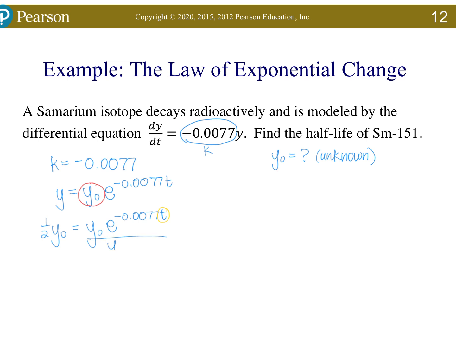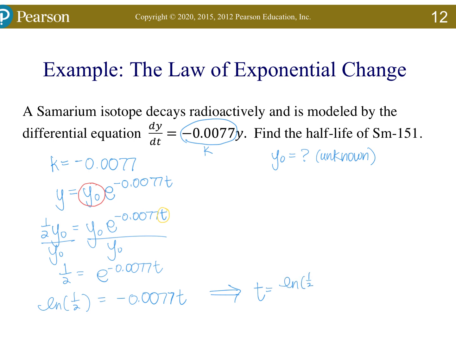So we can divide by Y sub 0, and we end up with one half equals e to the negative 0.0077t. And that's a quick ln. I've got the natural log of half equal to negative 0.0077t. So solving for t is going to be the natural log of half divided by negative 0.0077.